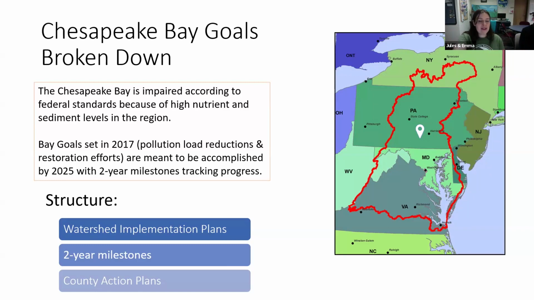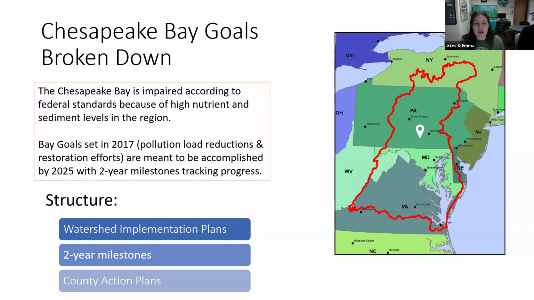Down on the bottom of the slide, we can see the structure that follows this. There are watershed implementation plans where watersheds come together to decide best management practices, what needs to be done, and what the issues are. To supplement this, there are 2-year milestones that track the progress of where we are for Bay goals, which need to be reported to the state and to the EPA.